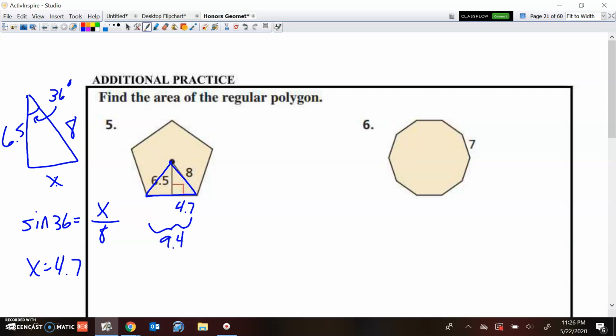You don't really have to double it, because now when I go to find the area of this triangle, the formula is 1/2 the base times the height, but that's okay. So 1/2 of 9.4 times the height of the whole thing, which they gave us, is 6.5. So this is going to give me the area of my triangle. Let's multiply that together.